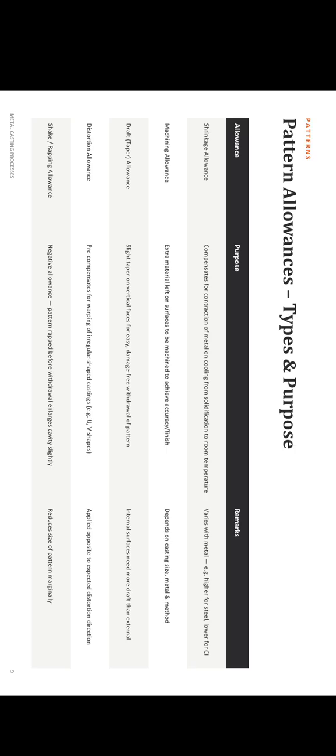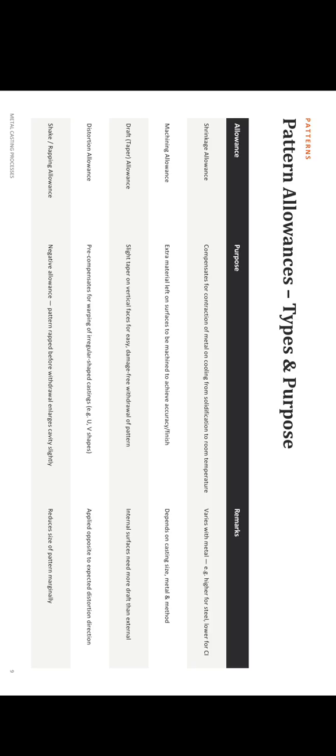Pattern allowance types and purpose. Shrinkage allowance: compensates for contraction of metal on cooling from solidification to room temperature.